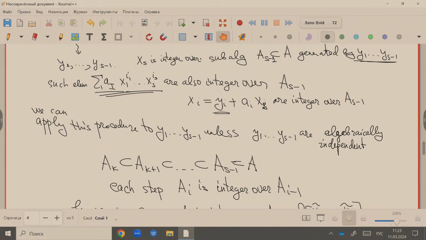И мы получаем цепочку алгебр, где каждую следующую алгебру мы добавляем с помощью новой переменной, которая является целой над предыдущей.